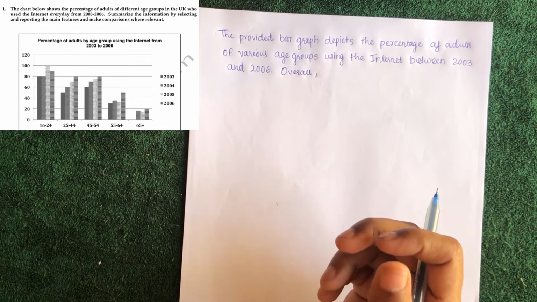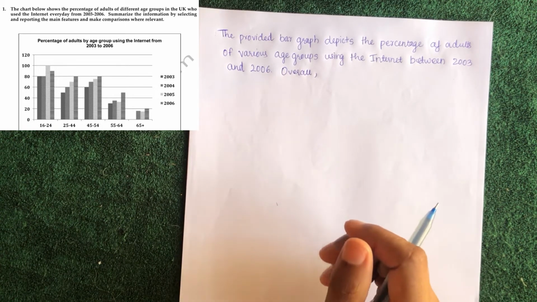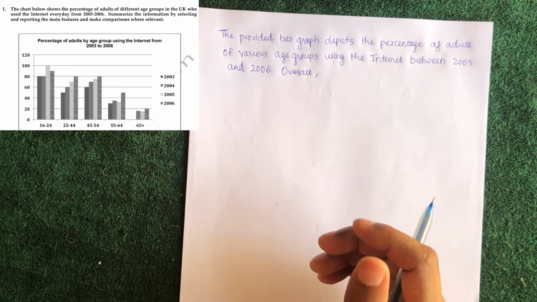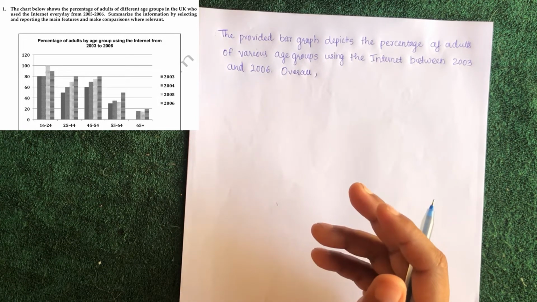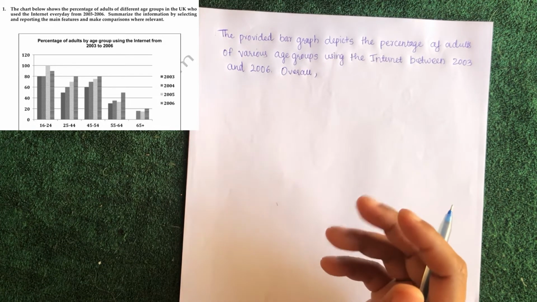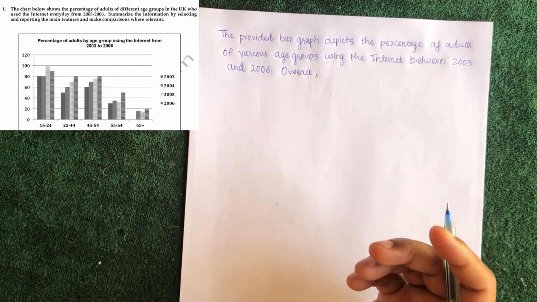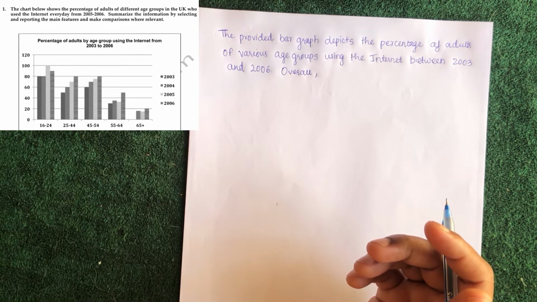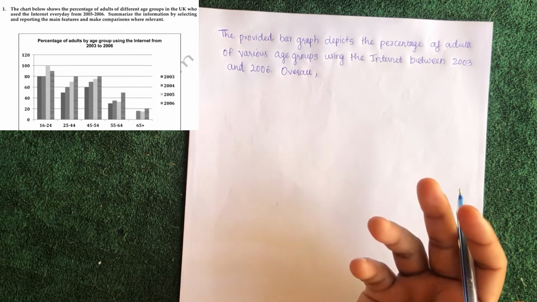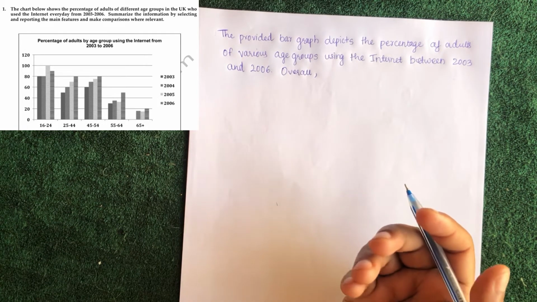We always see which one is highest. What is highest here? I think between 16 to 44, those age groups make great use of the internet, and that will be the overall.